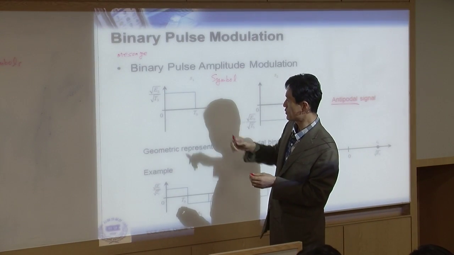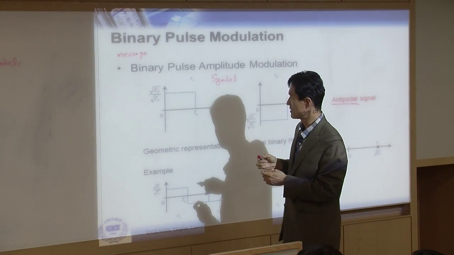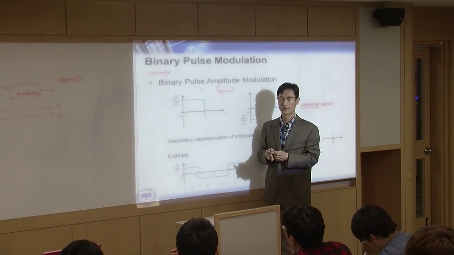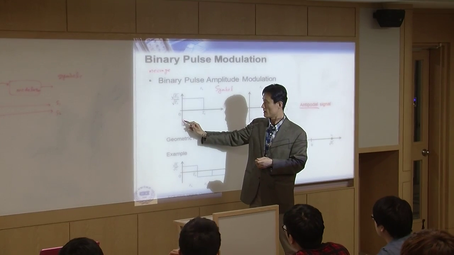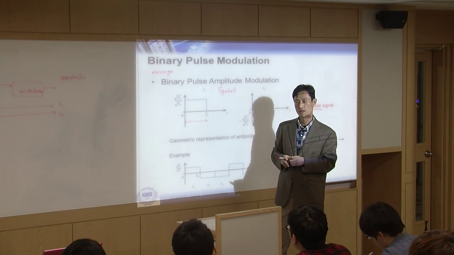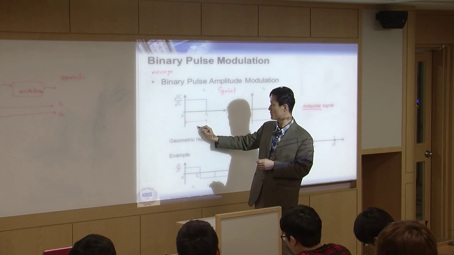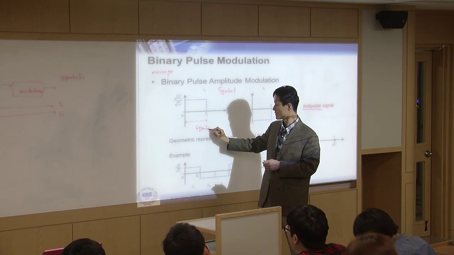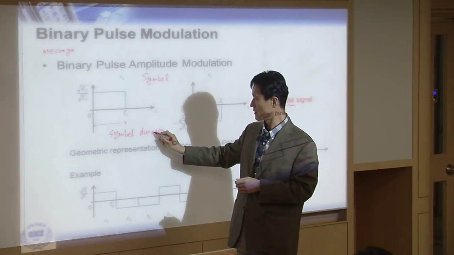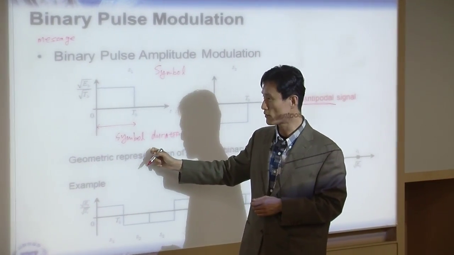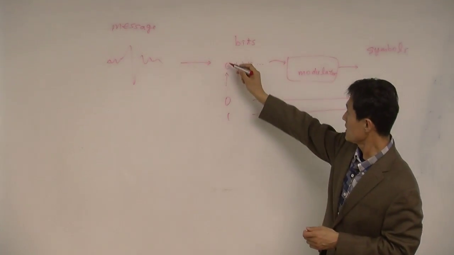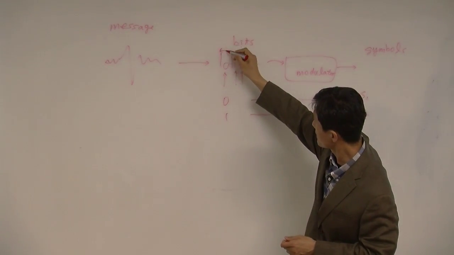So this is S1. We have some positive value. We have some negative value. And what is the TB? TB is the symbol duration. This is a symbol, right? This is the symbol duration. But in this case, the symbol duration is actually the same as the bit duration. Each bit has some duration, right?